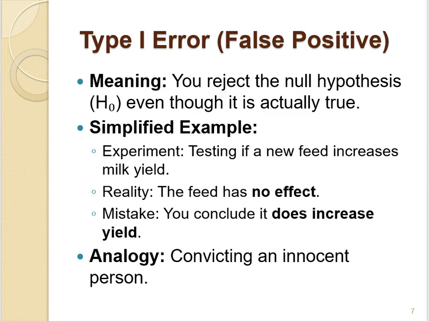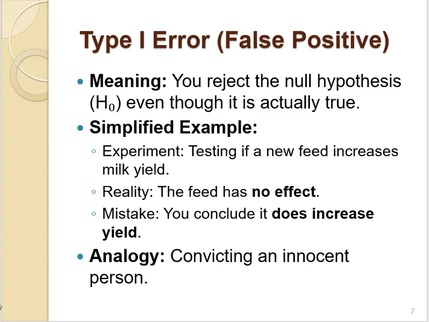Similarly, when we conduct experiment, we have two types of errors. One is type 1 error and the other one is type 2 error. So type 1 error is false positive, meaning we reject the null hypothesis even though it is actually true.